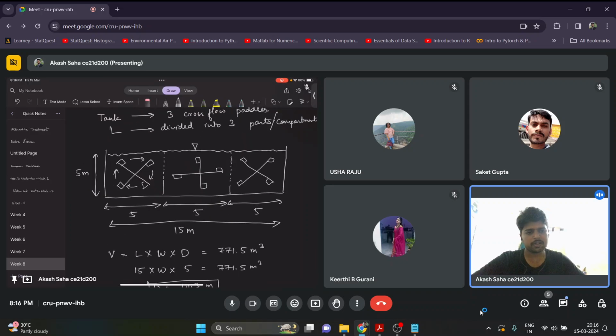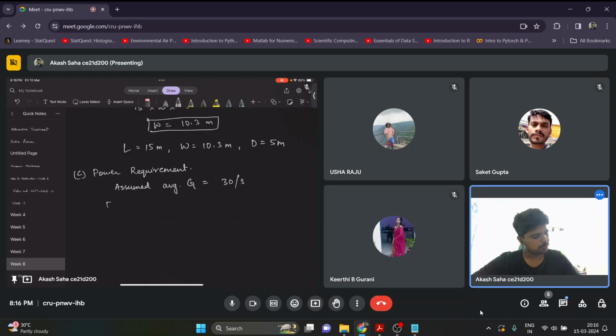So instead of giving the same G value in all the compartments, we will give high to low. For the first compartment, we can give G as 40. Second, we can give G as 30. And third, we can give G as 20. So it will be tapered, and if we take the average, it will be 30 only. So our assumption also holds true.